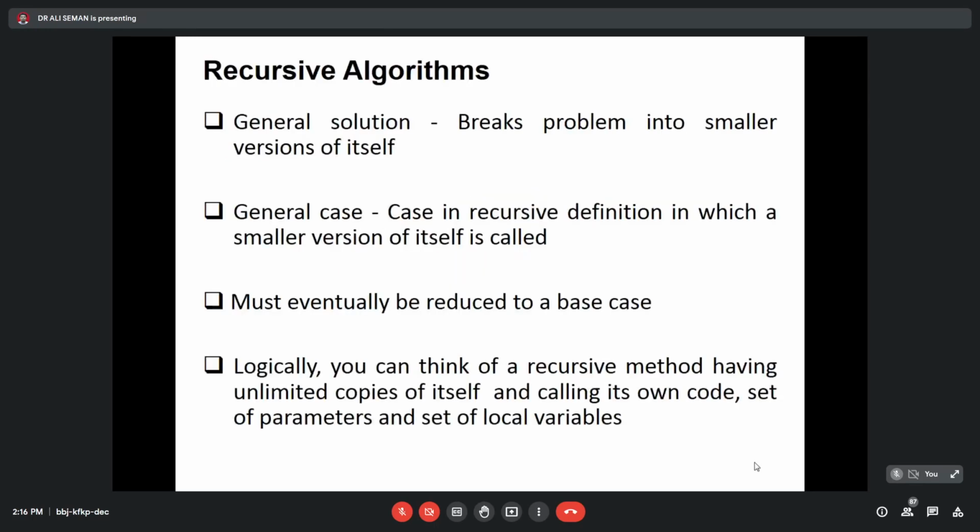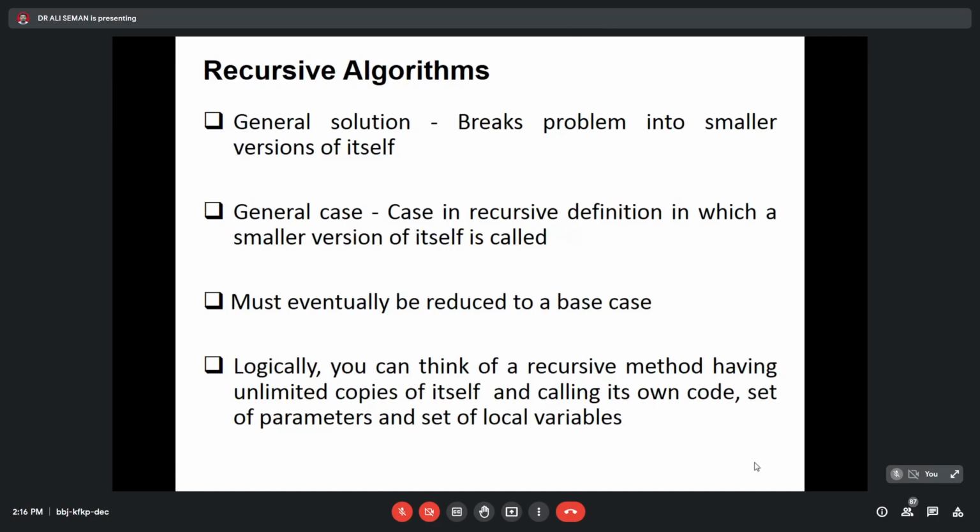Okay, before we do that, you need to understand the basic recursive. What is the recursive? Or it may be called recursion. Recursion is actually a mathematics topic, and for us we have the recursive method or recursive algorithm. In general, it is a solution where we break the problem into a smaller version of itself.